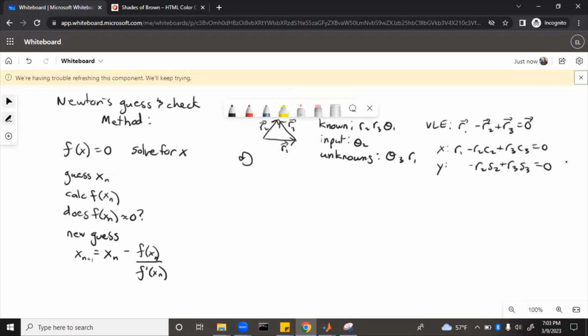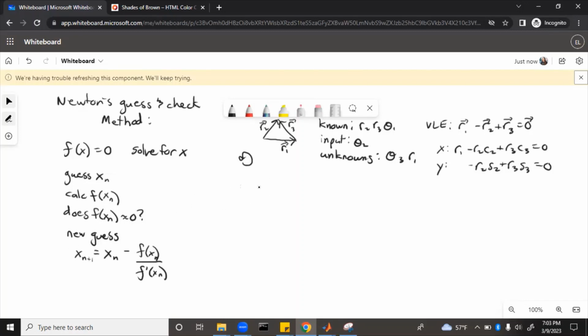Okay, and you can review those in the previous video. Click the link up here. So we need to take these and put it into this new guess type of form. So we need to figure out what is F prime, and what is X. So X is the unknowns.